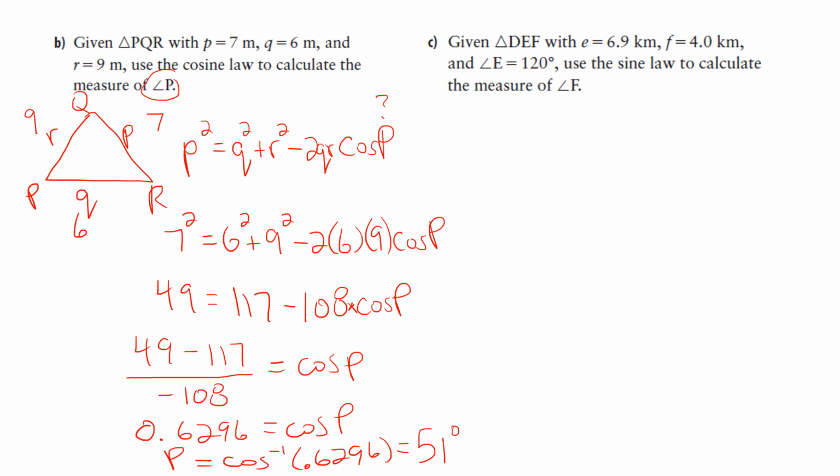So that's a quick rehash of cosine law. And then let's do a quick review of sine law. Or if you have this done, you can just kind of speed ahead and check your answer.